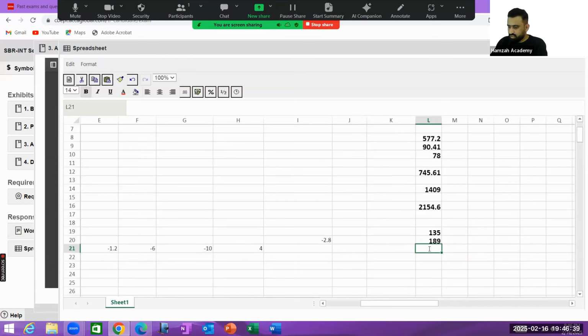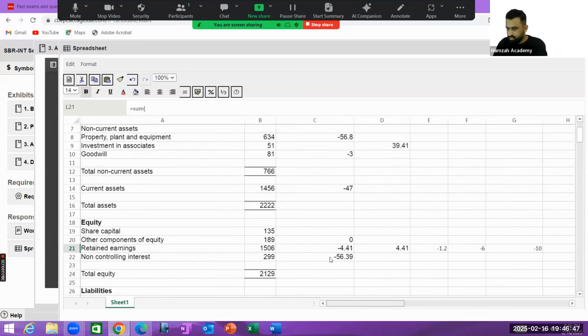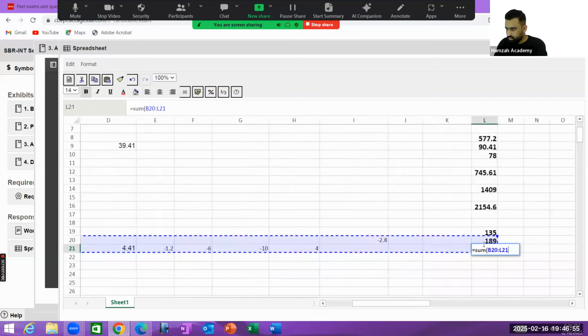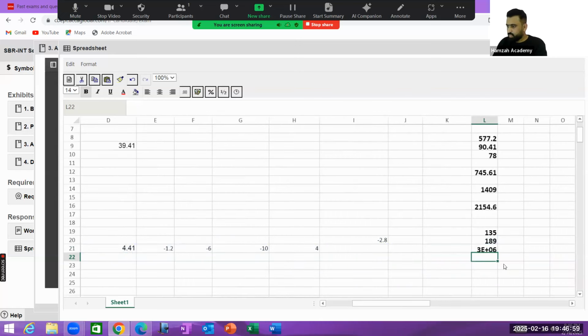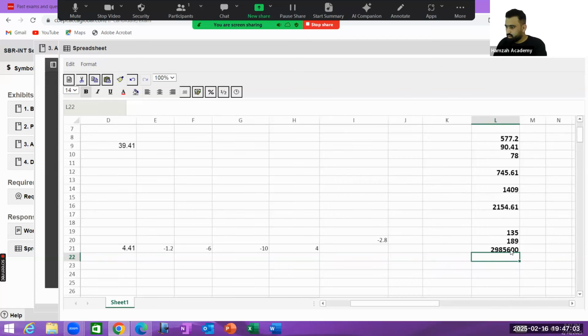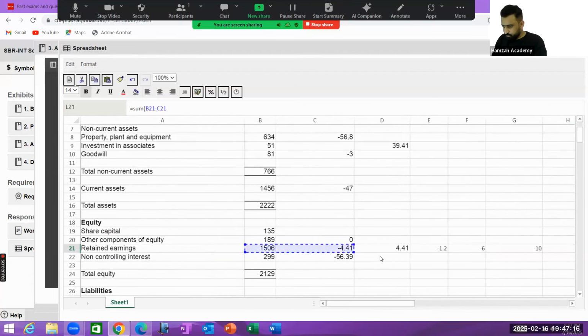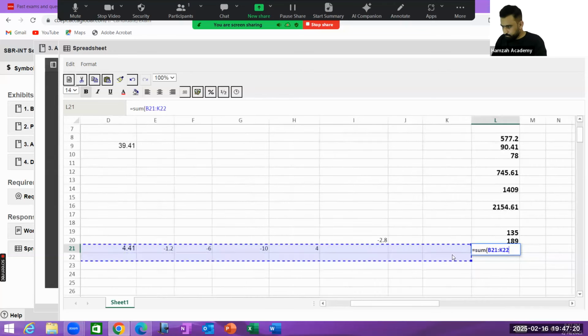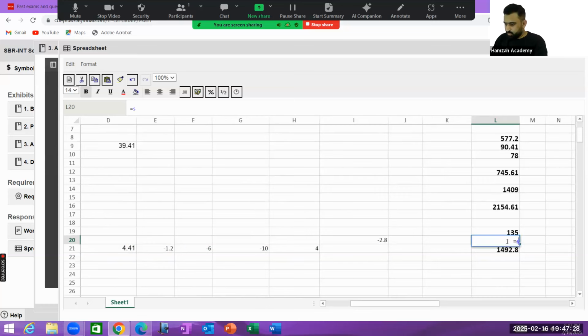Yes, the group retained earning would be changed, and that will be equal sum, open bracket, and other comprehensive equity will be adjusted because they were 189 and minus 2.8.